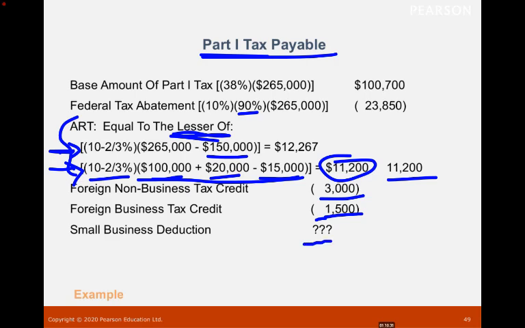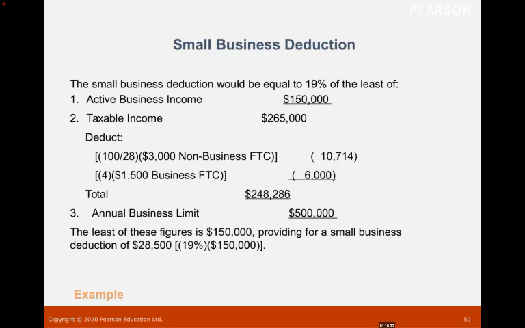Small business deduction, we've got that as question marks there. Here's the calculation of that. And that's the same thing that is provided on page 673 of the text. That's what we were talking about a moment ago. These are the same two foreign credits. So this right here is just the formula that's provided.